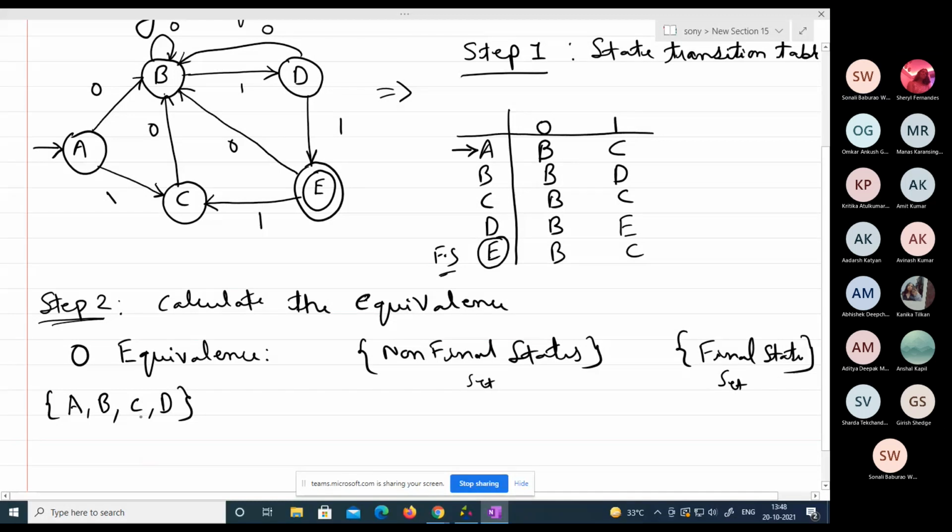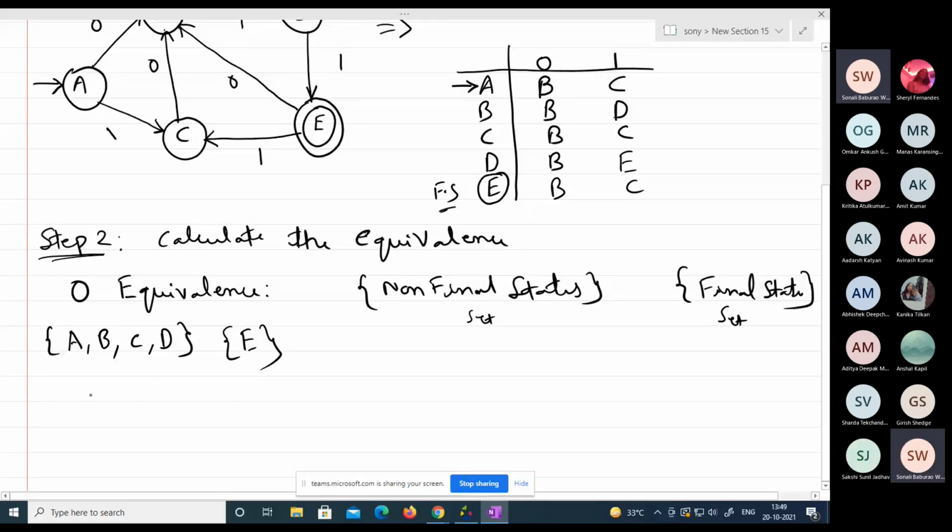So my non-final states are A, B, C, D, and the final state is E. In this way, I'm going to group them: one group which will contain all the non-final states and another group which will contain just the final state. So I have made two sets of states over here.